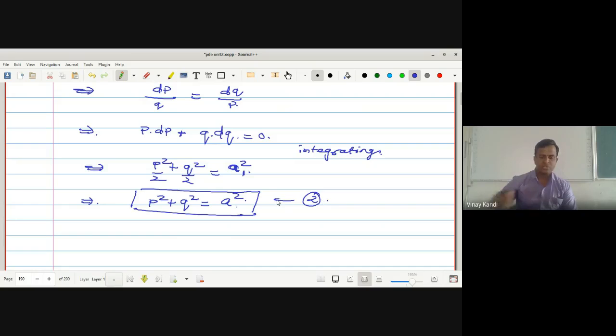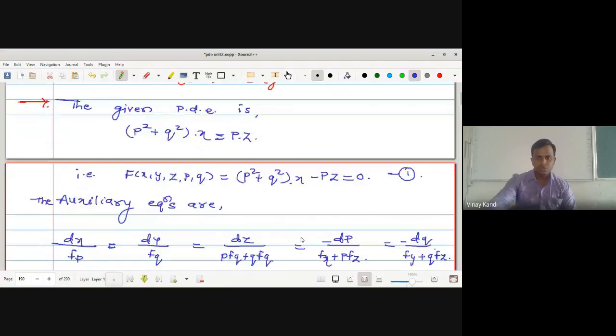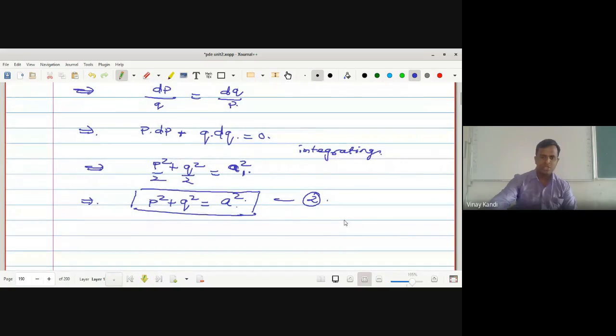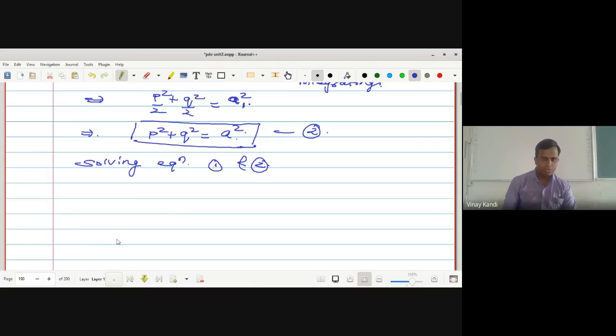Now solving equation 1 and 2. Which one? Equation 1 and 2. Okay, so we get the values of p and q in terms of a. Okay, solving equation 1 and 2. What is the value here?